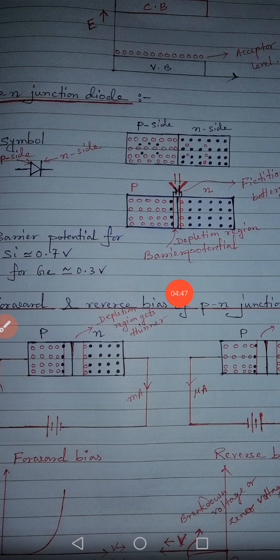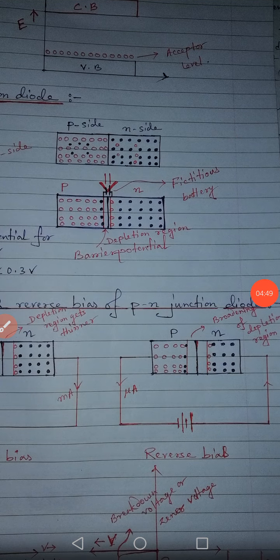That's what I have written here: fictitious battery. It is an assumed battery, or in other words, it is creating an electric field in this junction region. So in this region, whatever charged particles were present will be pulled or pushed by the electric field.